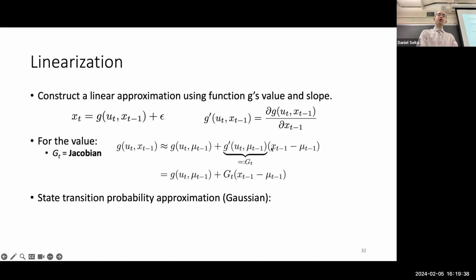And then you have this other term as well. The reason for this is that x_{t-1} minus mu_{t-1} gives you a vector minus a vector, so you need a matrix here so that you still get a vector and the dimensions all work out. In code, you would have to check the shapes of everything to make sure it works out.